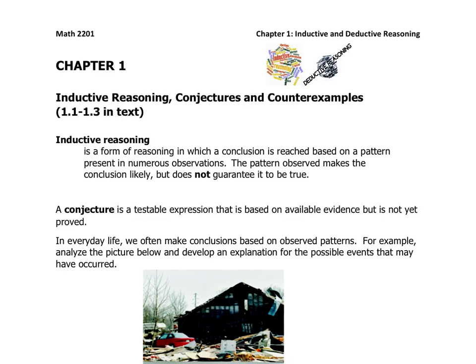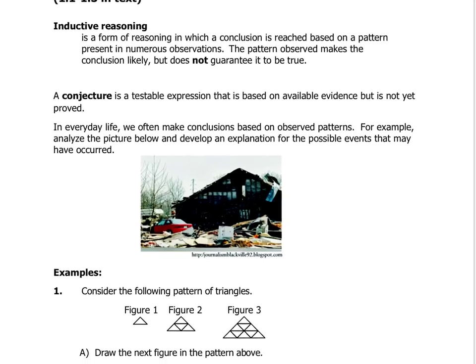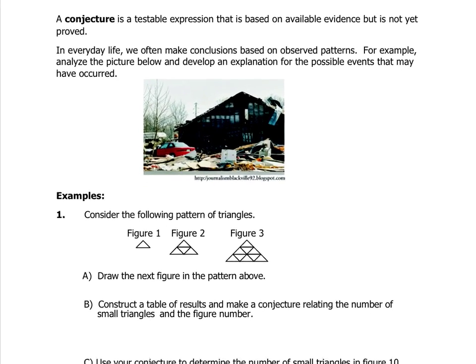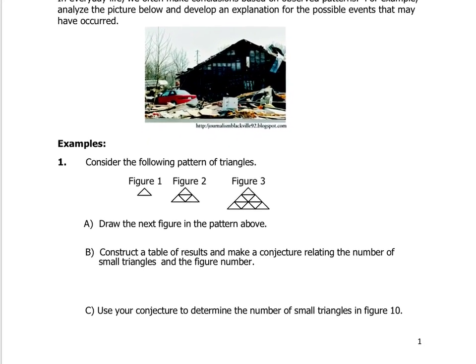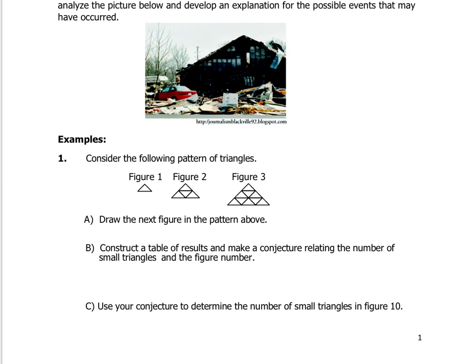So in everyday life we often make conclusions based on observed patterns. For example, analyze the picture below and develop an explanation for the possible events that may have occurred. We have here a lot of debris all over the place, and the car is covered with debris.